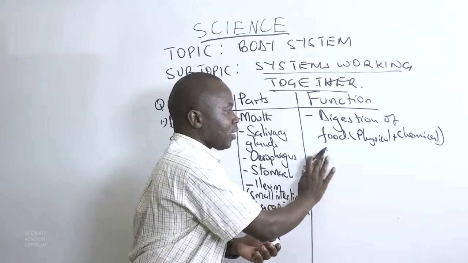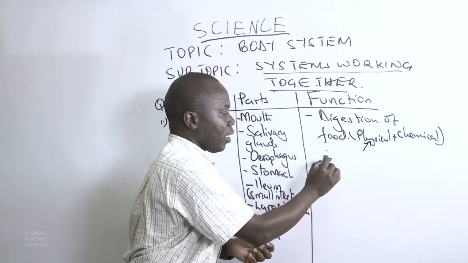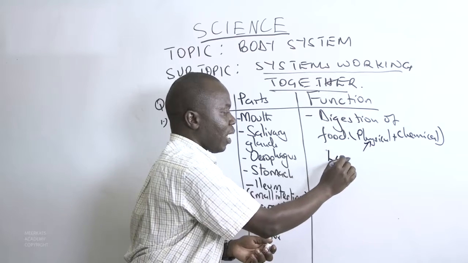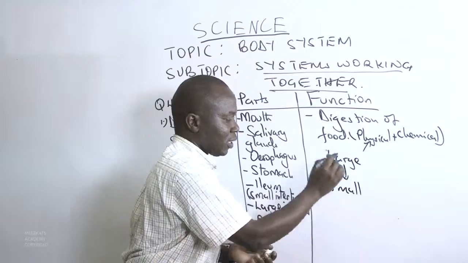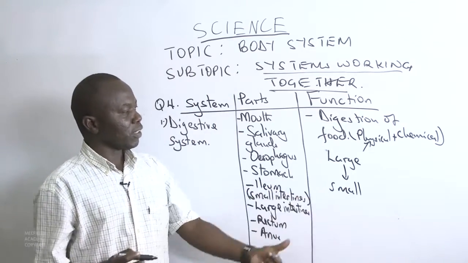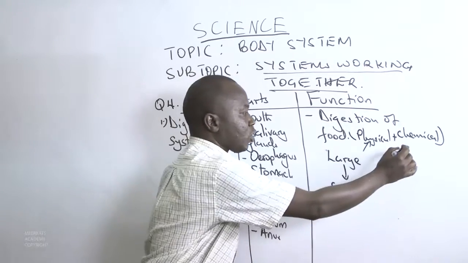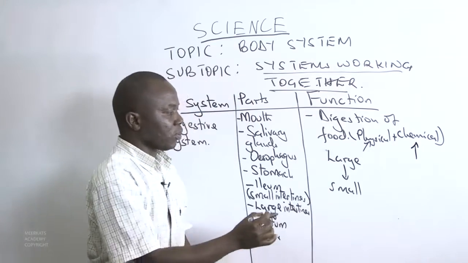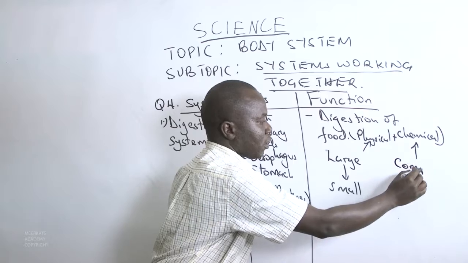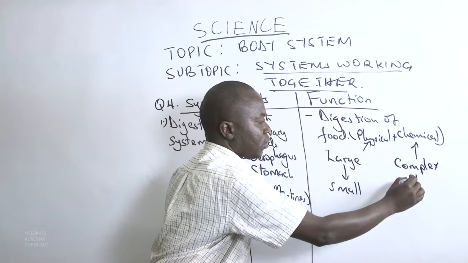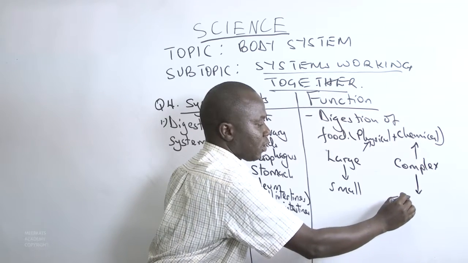So it is in physical digestion where food is broken down from large to small sizes, so that it increases surface area for chemical digestion. But in chemical digestion, materials are broken from complex forms to simple forms.